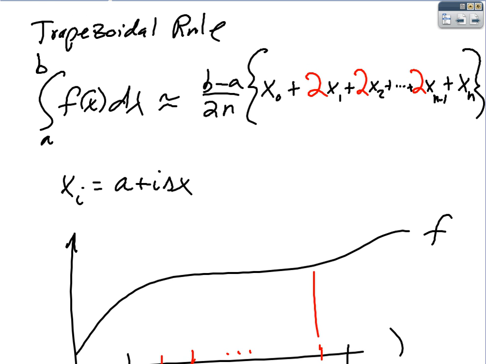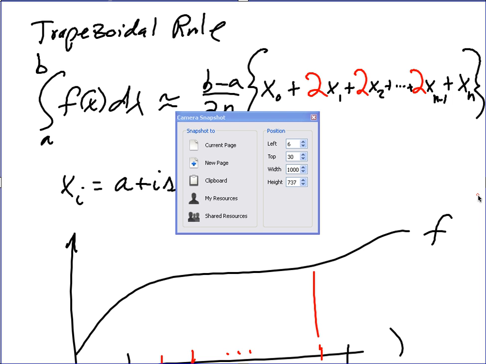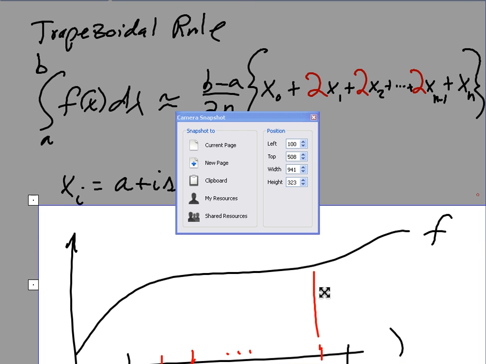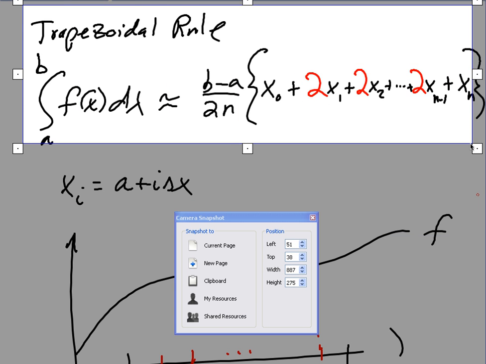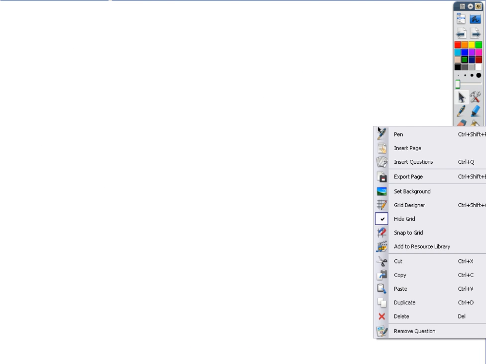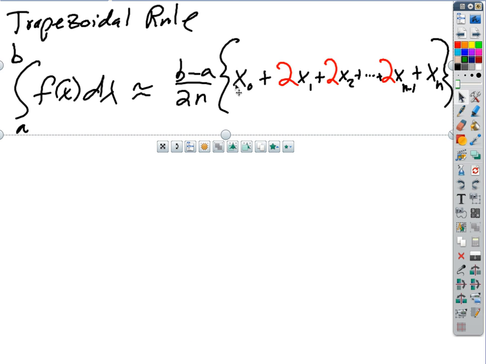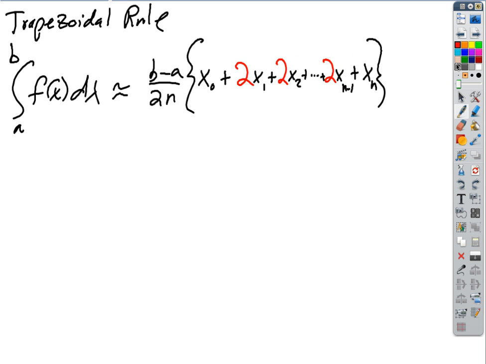We can probably make this a little bit better. How about if we just say, now this multiplier we're stuck with. But then in here, I could just add those two up separately. X sub a, or x sub 0, whatever you want to call it, plus x sub b plus 2 times, there's my 2, the interior sum, right?